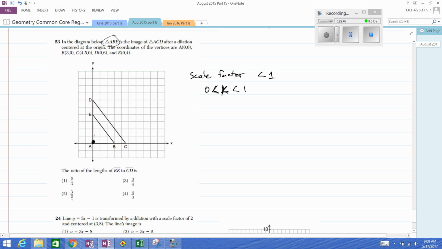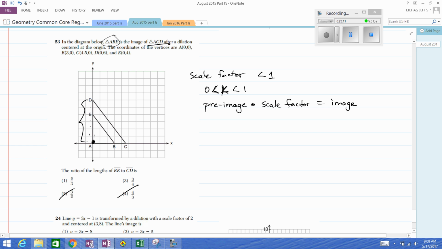These are out. Okay, here's how I would probably do this. I like to write down pre-image times scale factor equals image. And my pre-image is ACD. So let's go with just the up and down. That's easiest, in my opinion. 2, 3, 4, 5, 6.